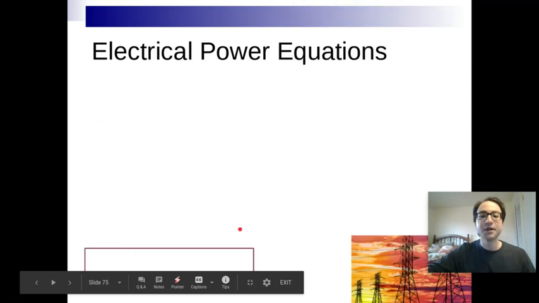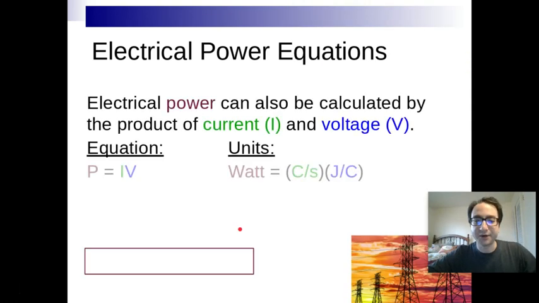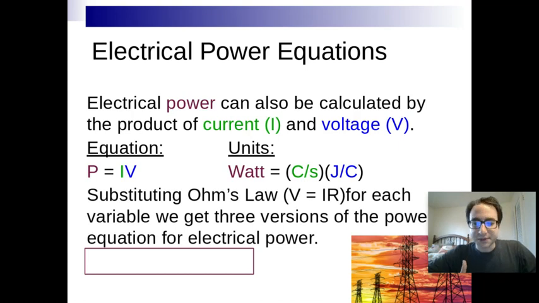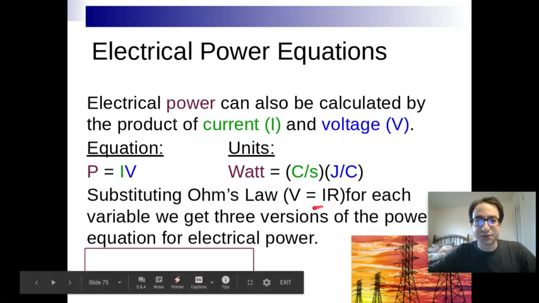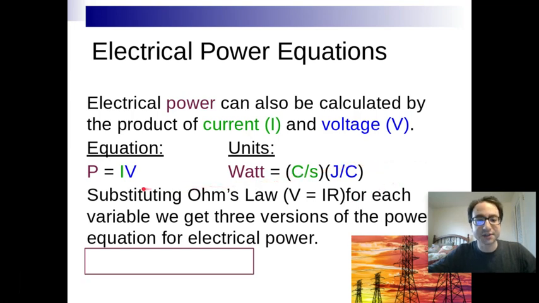Great. Now that's only one way to measure power, by taking the current and multiplying that by the voltage of a single component. If we remember Ohm's law, V equals IR, you can get three different versions of this equation by substituting what V equals in Ohm's law, or by substituting what I equals.